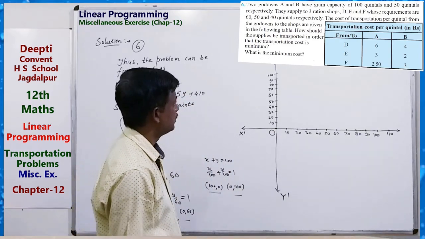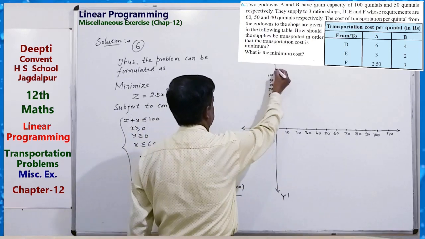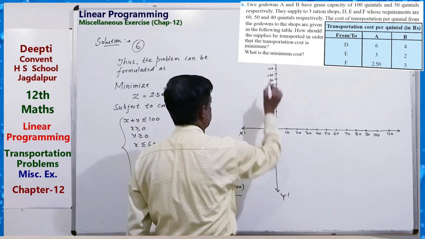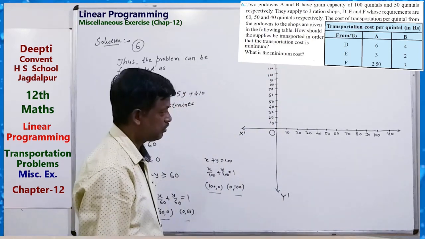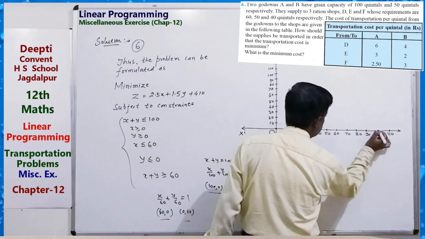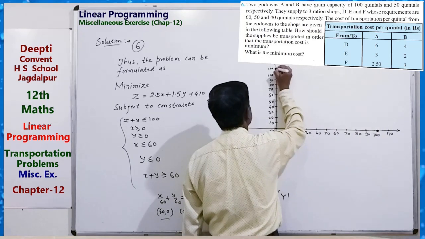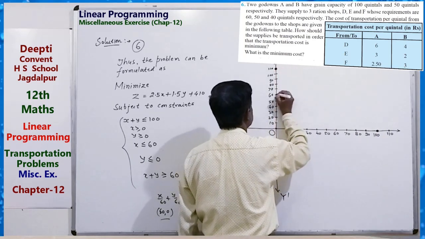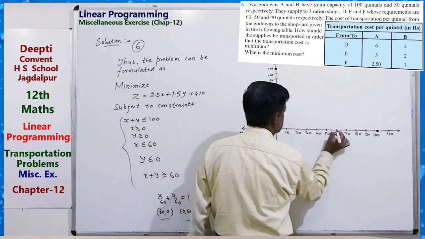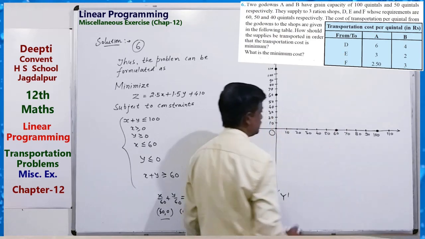So draw the graph. Now, 100, 0 is this, 0, 100 is this, and 60, 0 and 0, 60 are these. Just we have to draw.